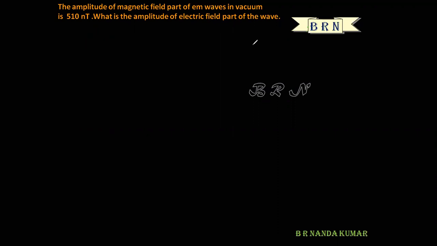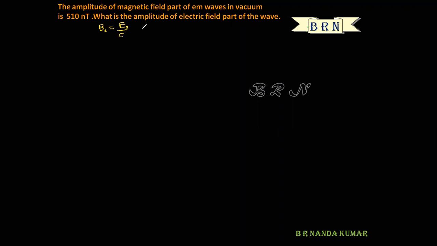What is the relation connecting the amplitude of the electric field and the amplitude of the magnetic field? That is very important. The amplitude of the magnetic field B0 is equal to the amplitude of the electric field E0 divided by c.